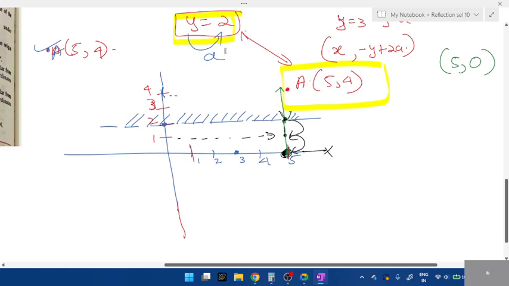Y. So the formula will be like this. Look here, x as it is, for y it is minus y plus 2 into a. So the actual point, take it as x and y. Look here, x is 5, minus y is 4 plus this a part, take that extra formula, students. What is a value?